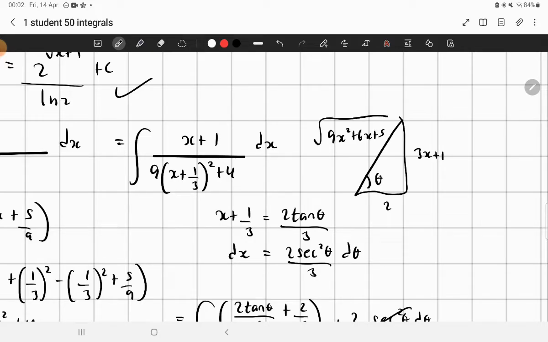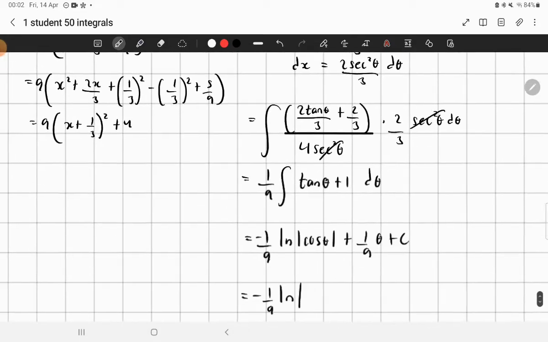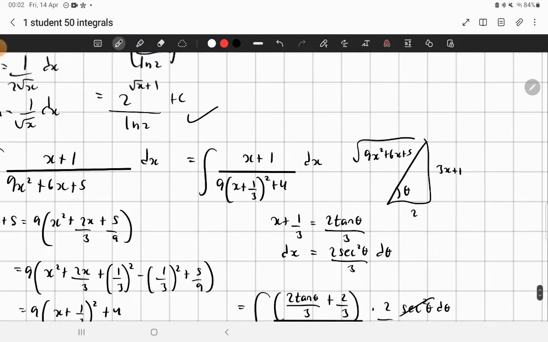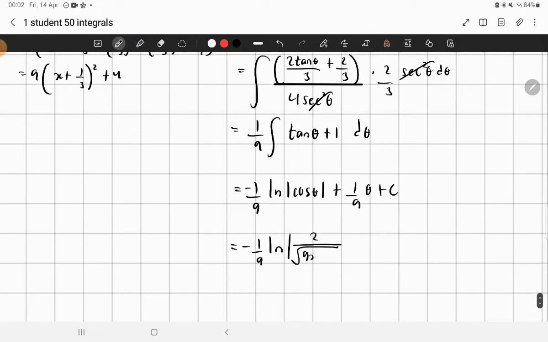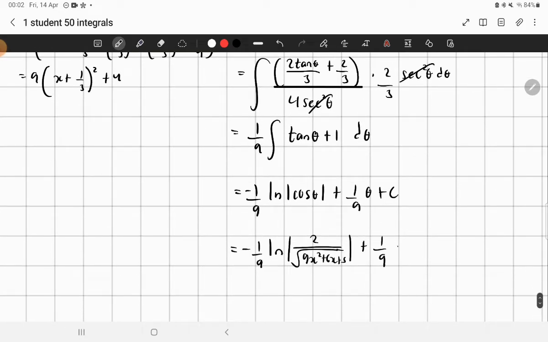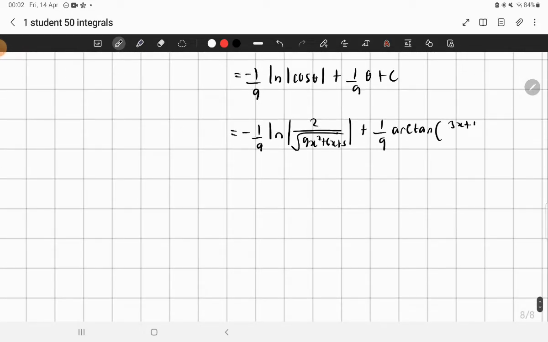So negative 1 over 9 ln of adjacent over hypotenuse, basically 2 over the square root of 9x squared plus 6x plus 5, plus 1 over 9 theta, where theta will be arctangent of 3x plus 1 over 2, plus c.